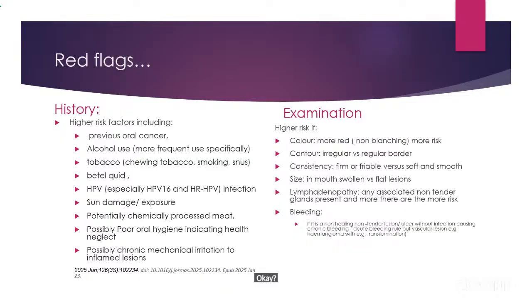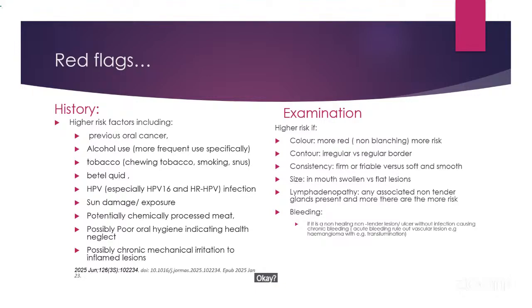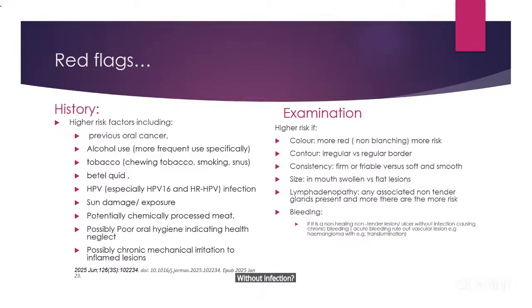And if you have noted on your examination of the neck any lymphadenopathy, especially if this is non-tender, non-mobile, and firm, then it's more likely that this is a cancer than anything else. Okay. So bleeding, it depends on if this is an acute bleed or if it's a chronically bleeding ulcer without infection, then it's more likely to be concerning for a cancer.